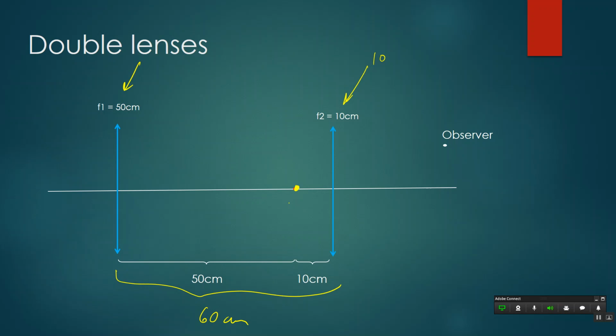All right. And so let's see what happens when you're looking at something that's really far away, and you want to figure out where the image is and how you see that image. I want to point your attention to the fact that my observer there is on the right. So I'm going to go to the easiest ray first, and that's the one that goes straight through the lens. So I have a ray coming in like this.